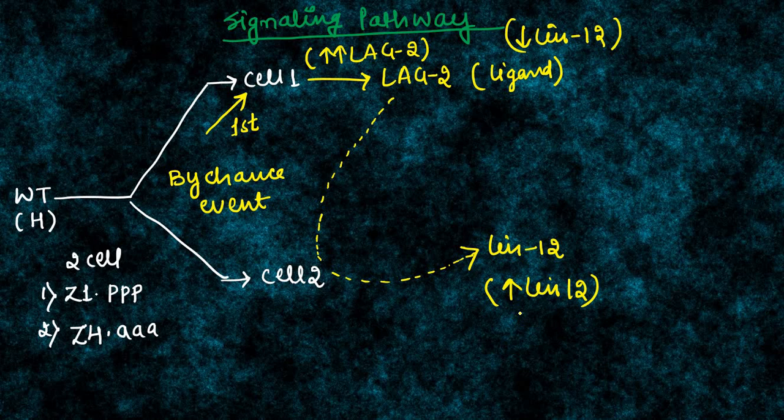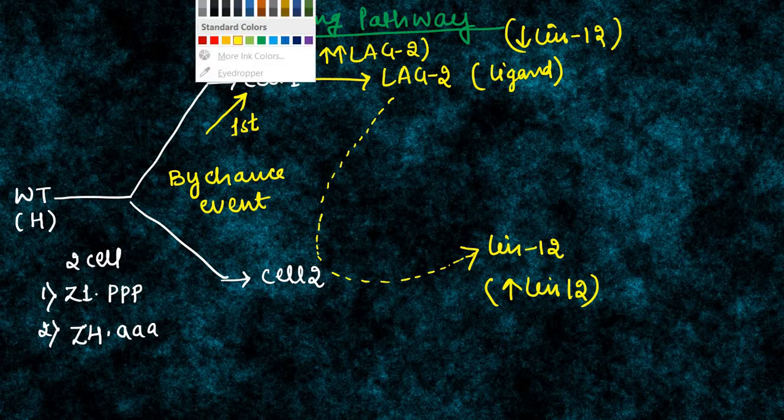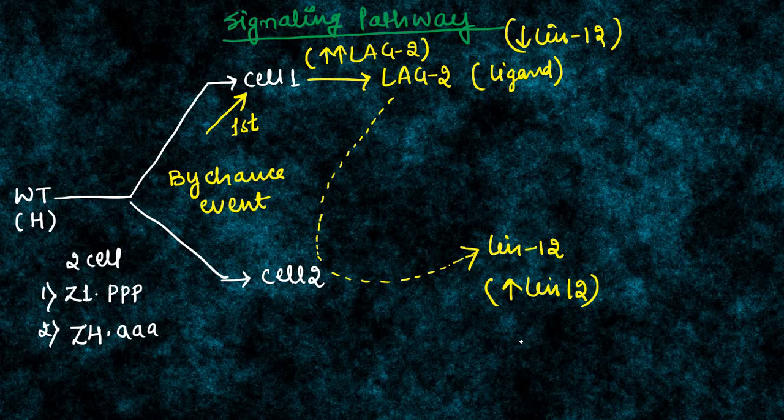So the cell which has a high concentration of lin-12 is going to receive lag-2 in the form of a ligand, and hence the whole signaling will proceed. As we have seen in a previous slide, whenever there is a high concentration of lin-12, that particular cell will give rise to uterine tissue.